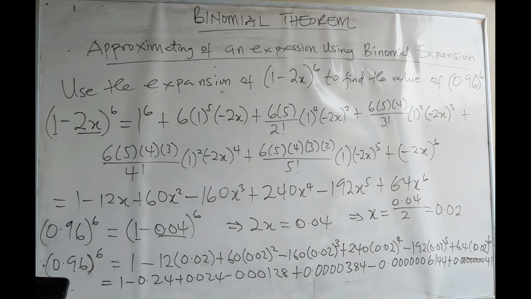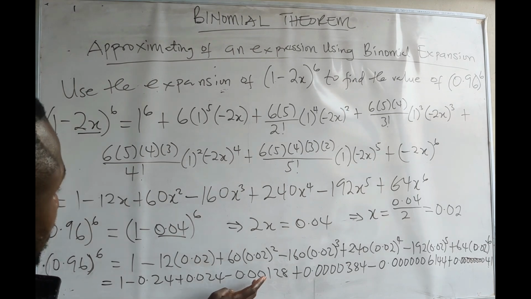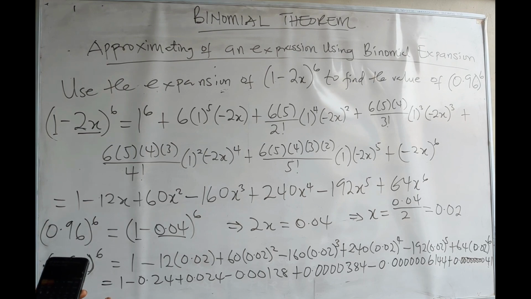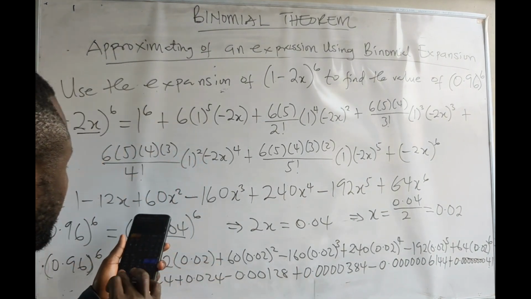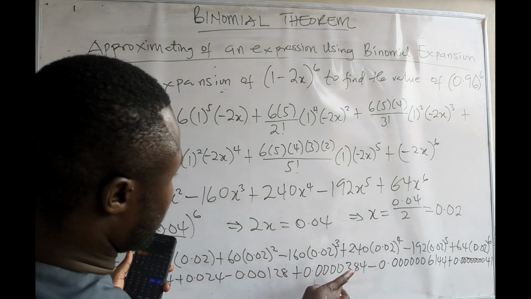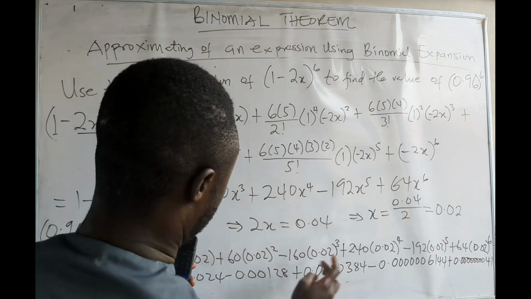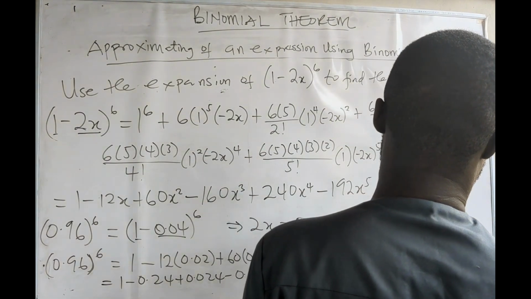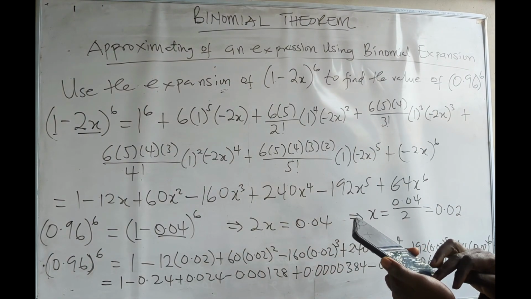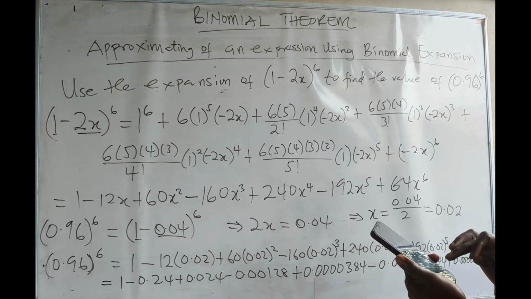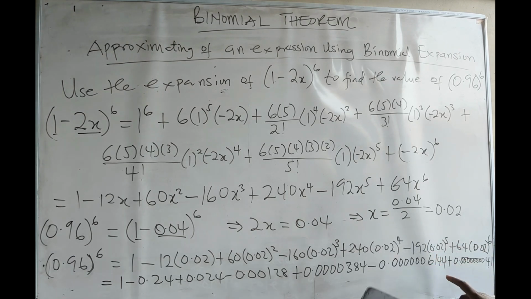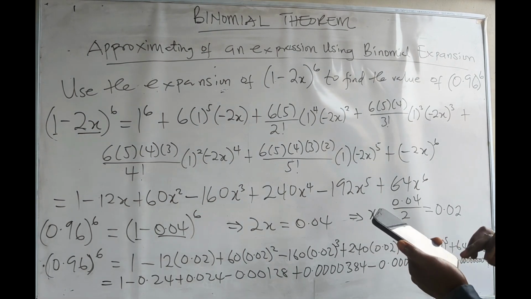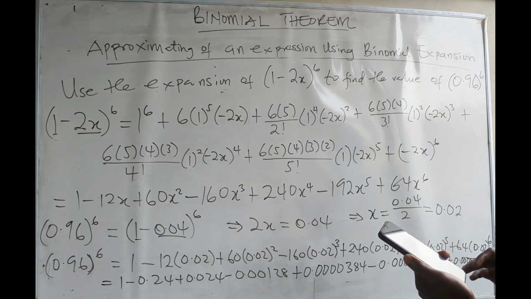Then we are going to add 1 minus 0.24 plus 0.024 minus 0.00128 plus 0.00000384 minus 0.0000000614 plus the last tiny value with 8 zeros.